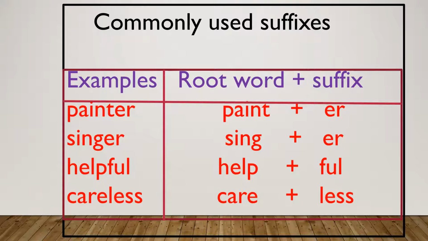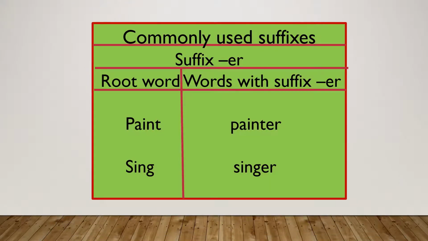Now student, let us look at the use of each suffix. Let's see some commonly used suffixes. The first suffix is er. Let's see how we can use this suffix.